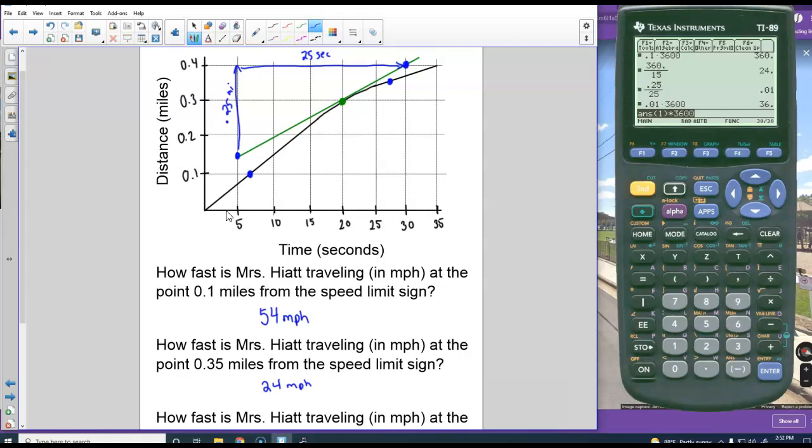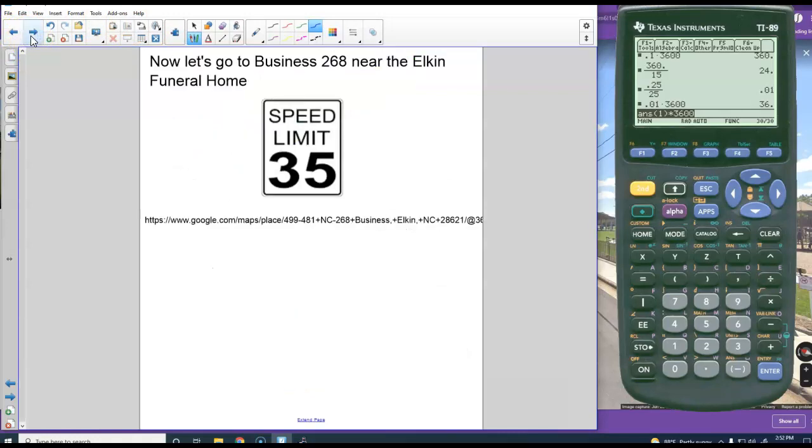That doesn't mean that you didn't get up to 95 on the bypass, right? So your average speed may not be speeding sometimes, but that doesn't mean you didn't get up to 95 at some point, right? Don't go 95 on the bypass.